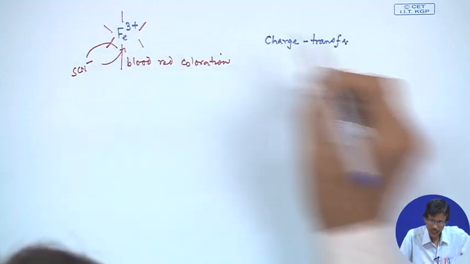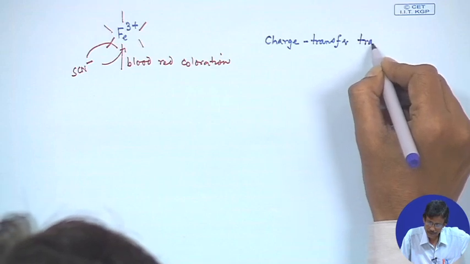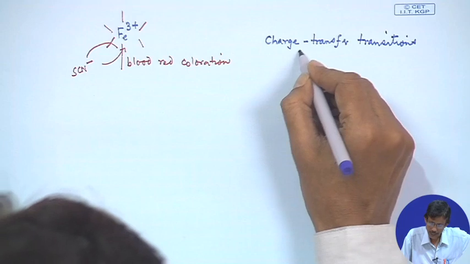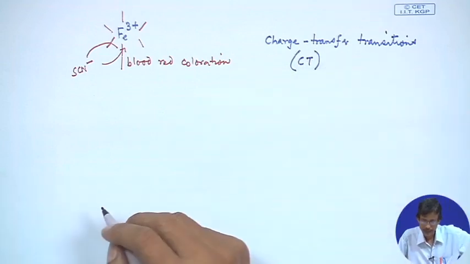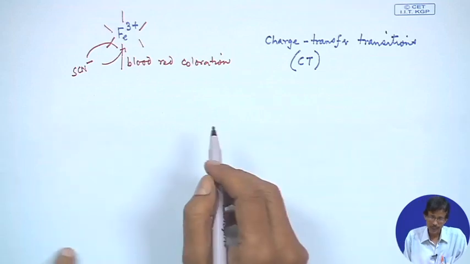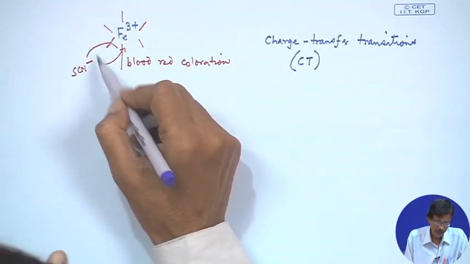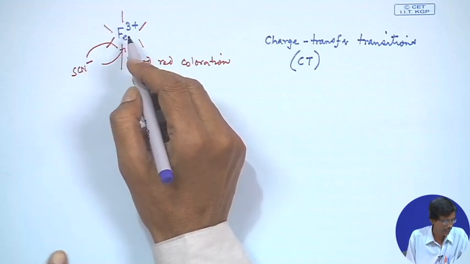Now, these charge transfer transitions, which can also be abbreviated as CT transitions, can give rise to something where the electronic charge is transferred from the ligand to the metal ion center.